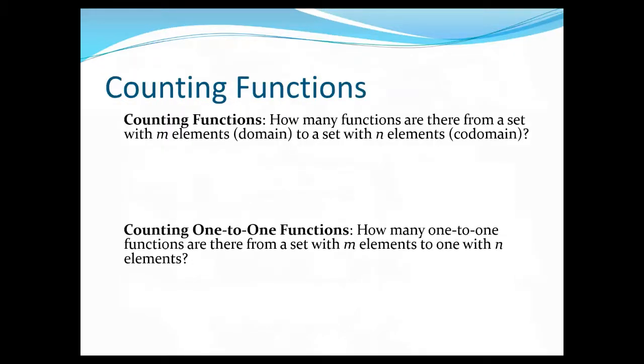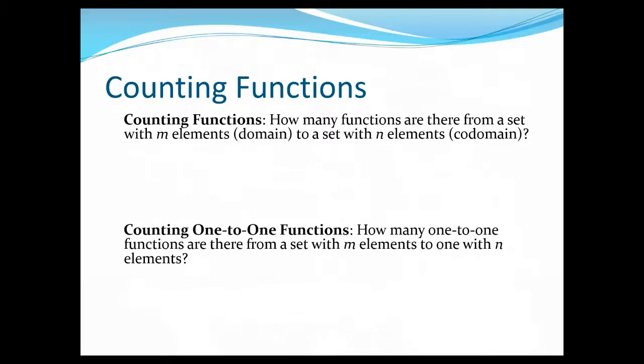So let's discuss counting functions. Basically, it just generalizes our product rule. How many functions are there from a set with m elements, which is your domain, to a set with n elements?